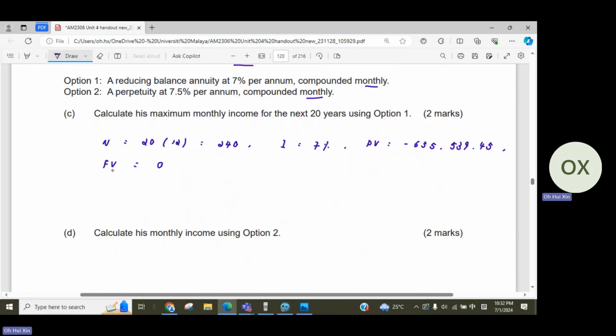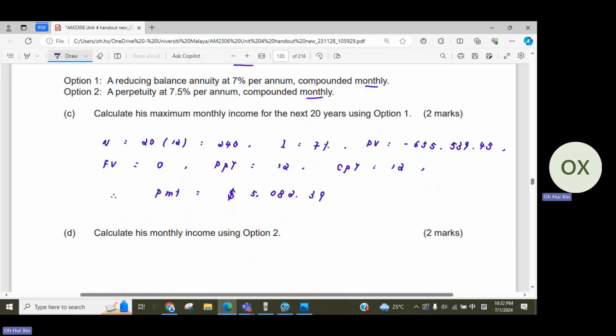FV, the annuity will die off. Then the PPY is 12. Withdrawal is made monthly. CPY is 12 because interest is compounded monthly. So from that, we should be able to get PMT equals to 5,082.39. Okay, so that's part C.